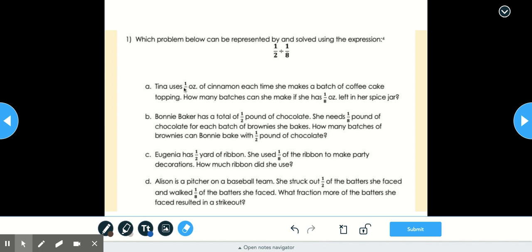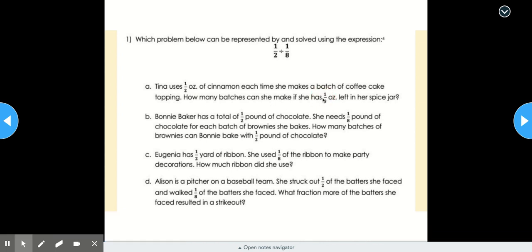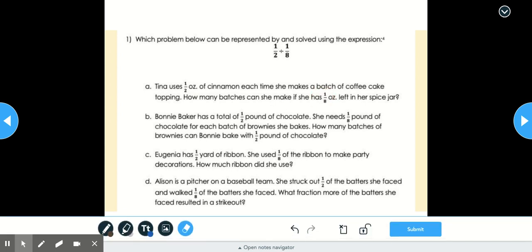She doesn't have this total of 1/2. That's how much she uses every time that she makes a batch of coffee cake topping. So this sentence here doesn't really match the idea of dividing 1/2 into 1/8 groups. So that is not going to match my expression. I'm going to keep moving on to B.